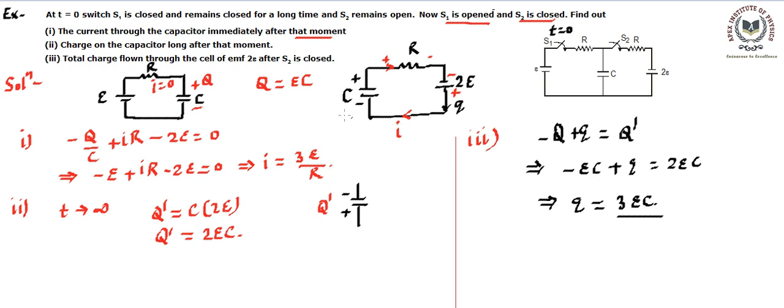First CE charge will change the polarity, that is, nullify the charge which was initially there, right? And then the 2CE will be accumulated in this form, so that this becomes positive and this becomes negative. So in a nutshell, it has to supply 3CE, whereas the charge on the capacitor will be 2CE. The CE charge went to nullify the earlier opposite polarities and change them to this polarity.